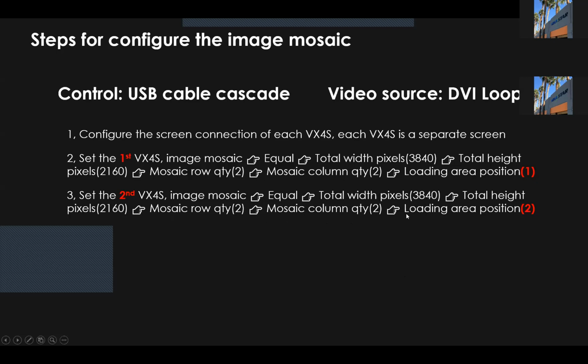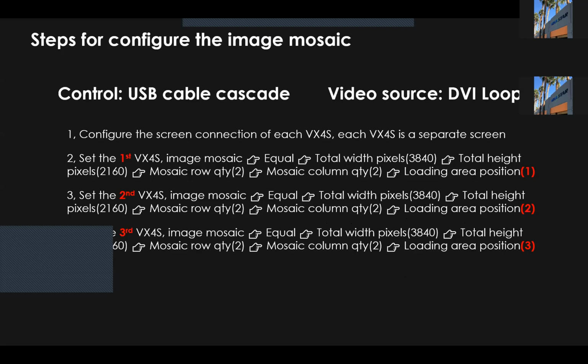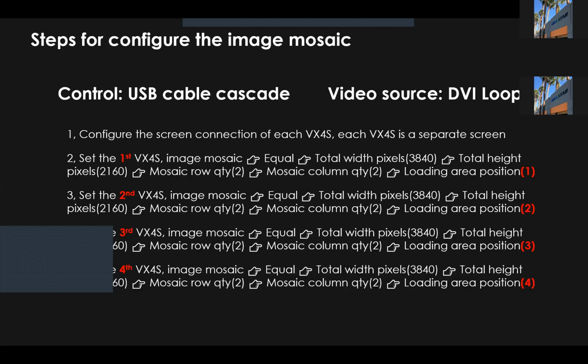The only difference is the loading area position, number 2. Then you will understand the next one will be loading area position 3 and loading area position 4. Those are the steps for configuring the image mosaic from the front panel of the VX4S.